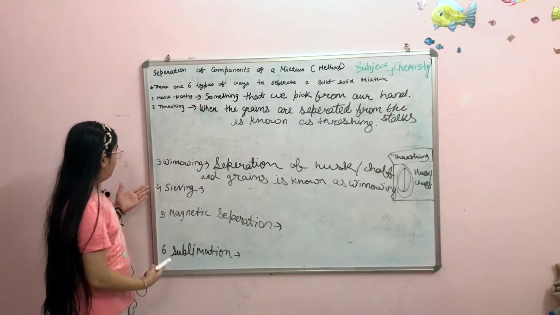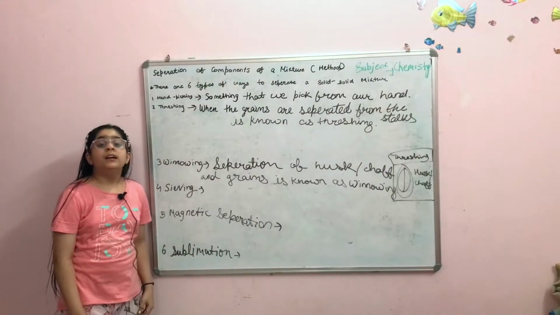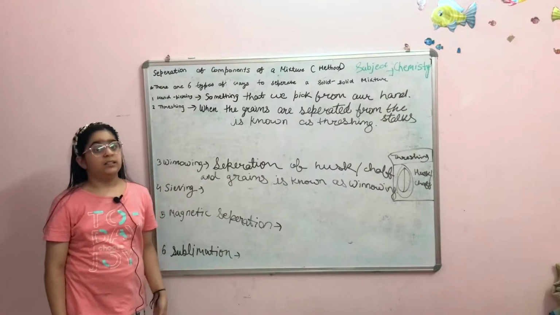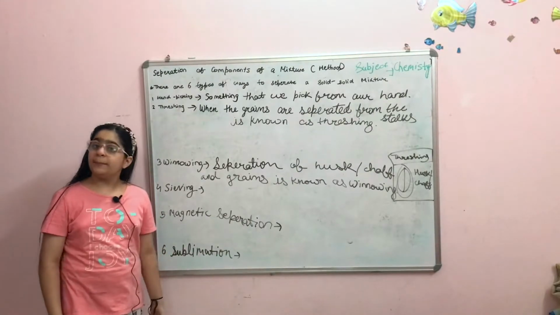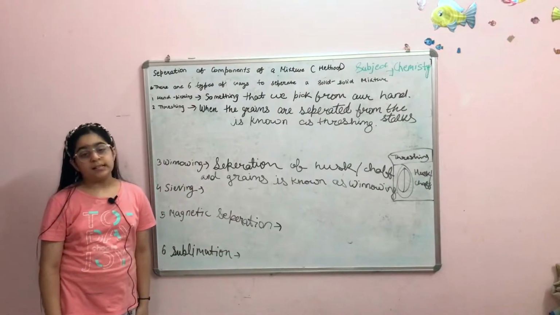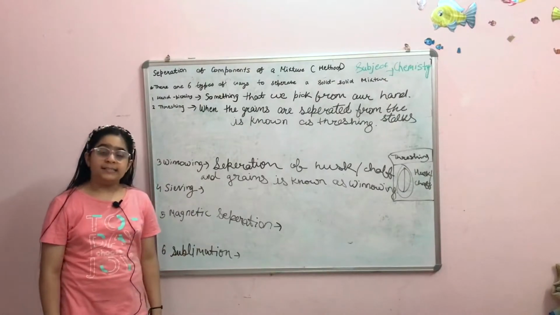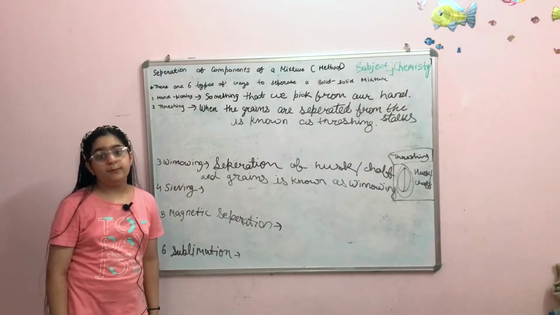So now the point number 4, sieving. The method sieving depends on the size. The smaller particles can be easily passed through the sieve and the bigger particles are left on the sieve. So this process is known as sieving. And the example of sieving can be wheat flour.